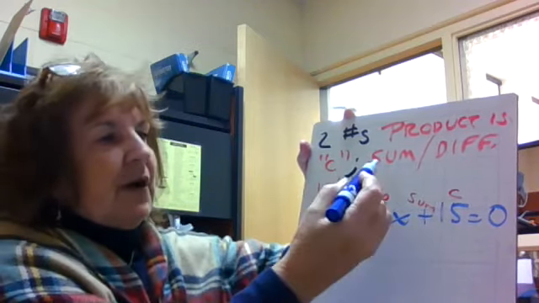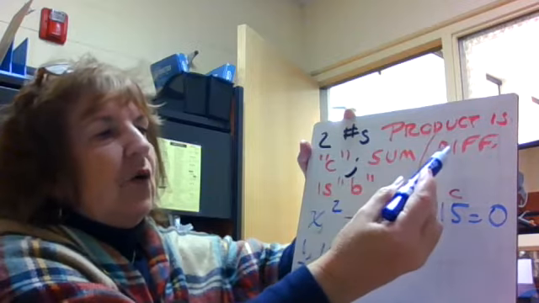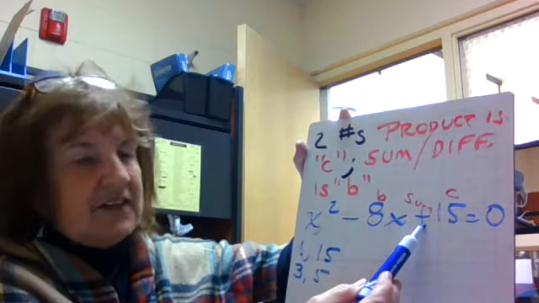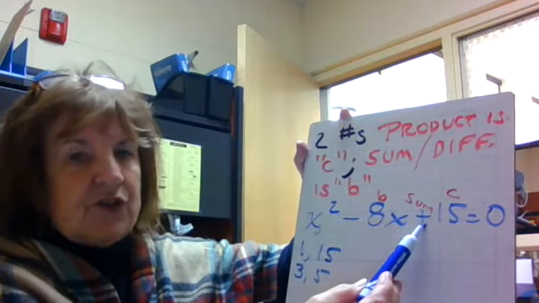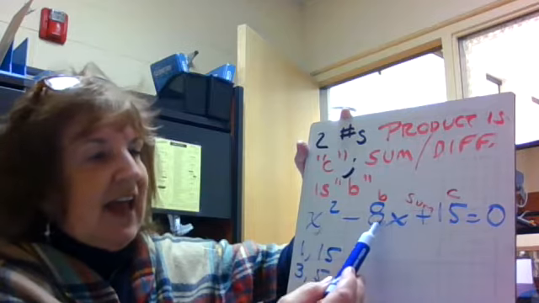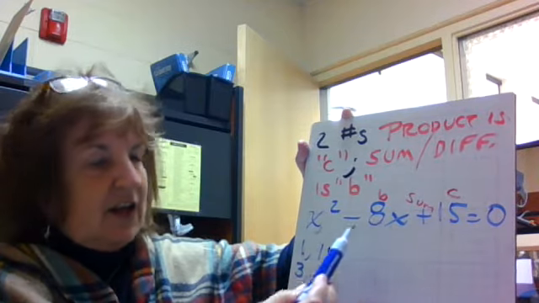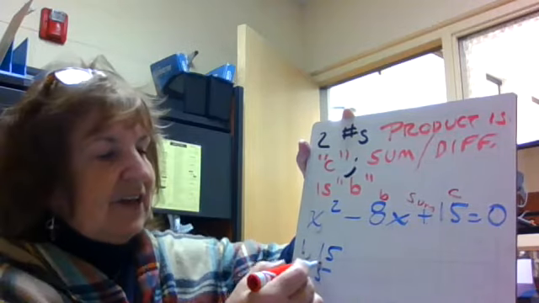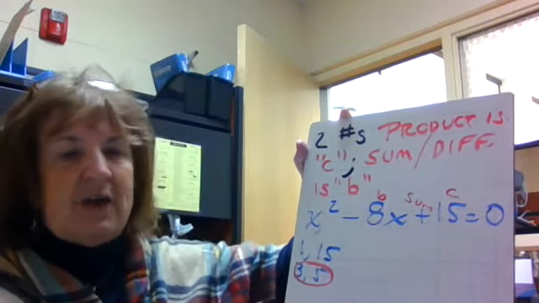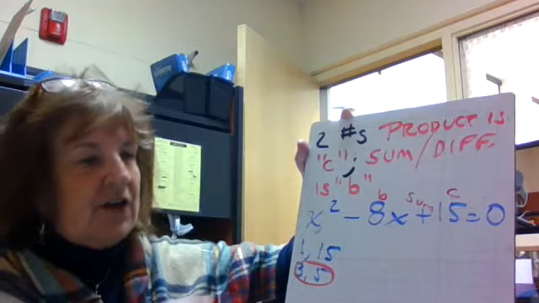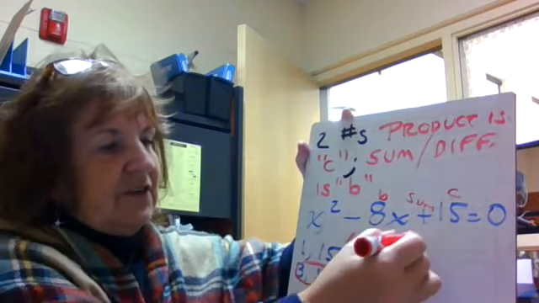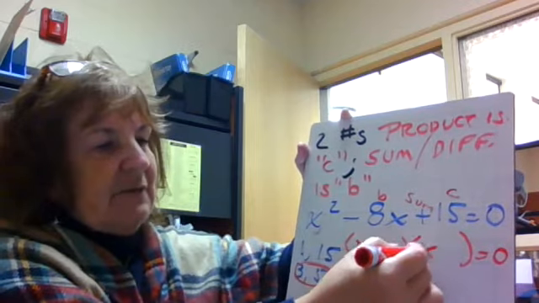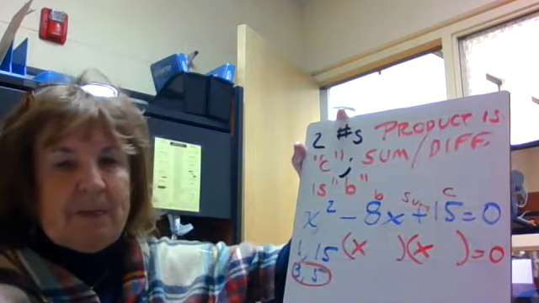Now we do the second part. They have to add or subtract to get the B. Well, because this is a plus, they have to add. So the two numbers I pick have to add to get 8. Out of these two choices, the only two that add together to get 8 are 3 and 5. So we write our answer. Put the x's in because x times x is x squared.